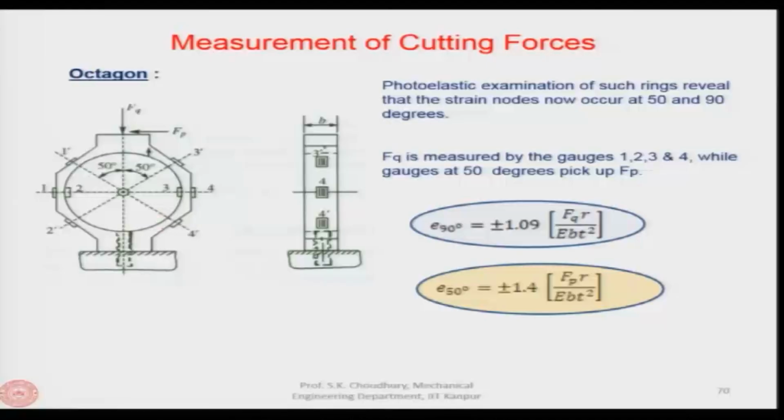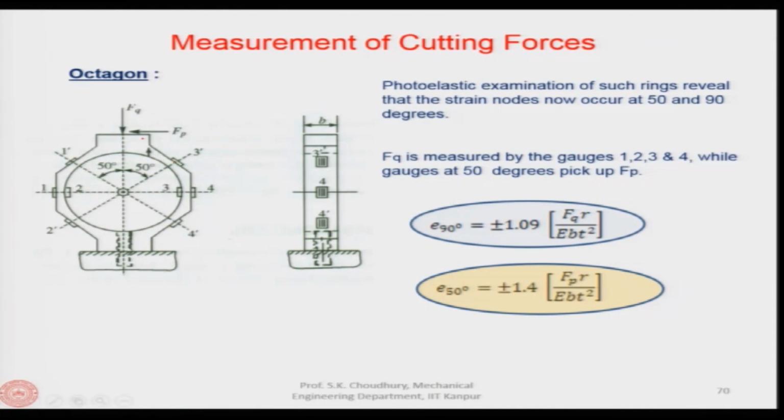Therefore, the ring type structures are modified in terms of the octagon. As you can see from the slide, this is an octagon and it has the principle of the ring type dynamometer, but it is more rigid.